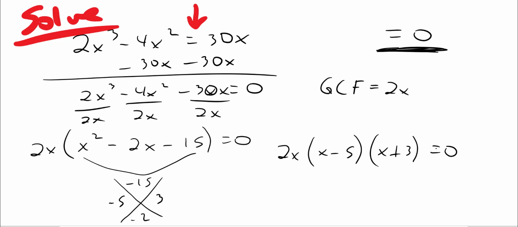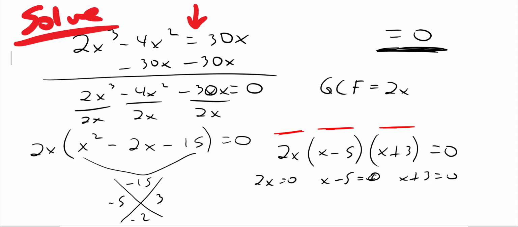Hopefully you guys are good with this. There are a lot of steps in here, but you just got to learn it. So how many answers am I going to have for this problem? I'll have 3: 1, 2, 3 answers. So we do 2x equals 0, x minus 5 equals 0, and x plus 3 equals 0.